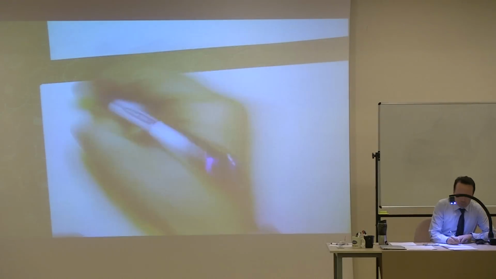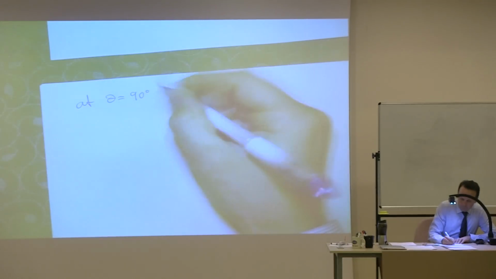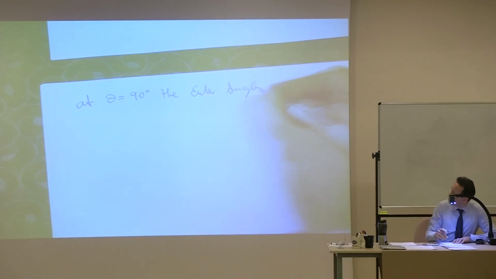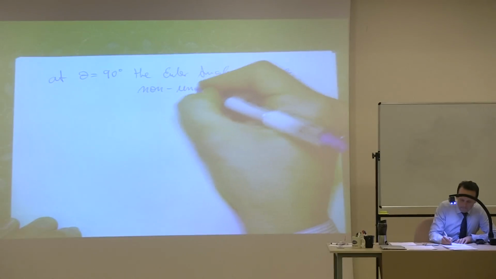So let me write it down. At theta equals 90 degrees, the Euler angles become non-unique.